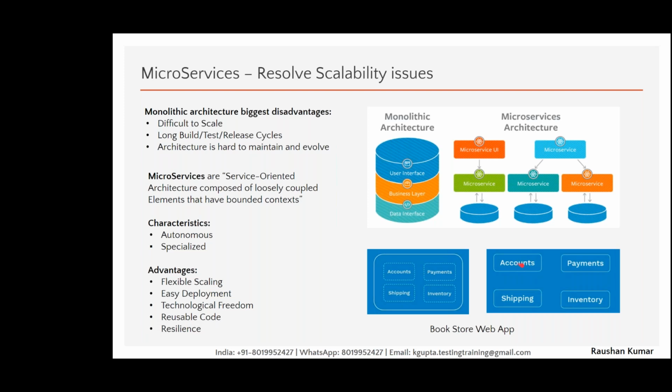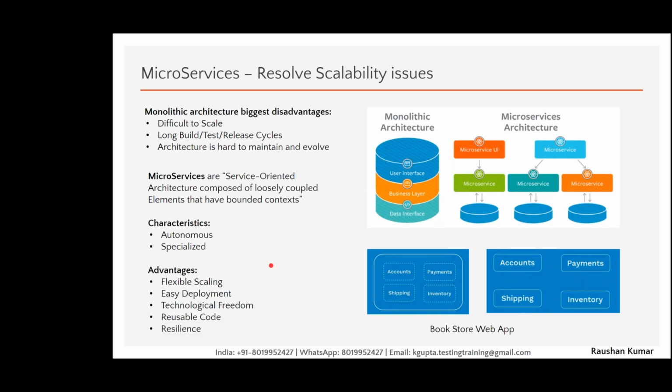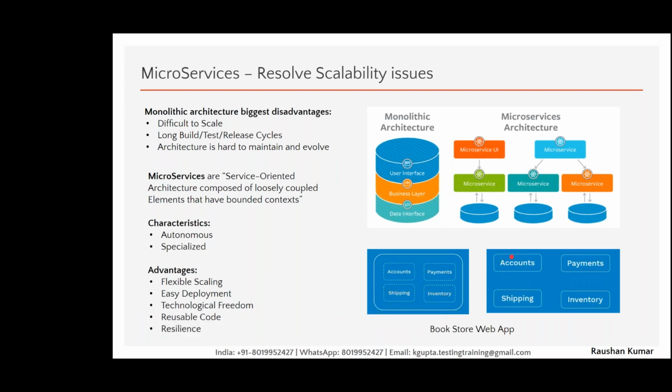I want to make my microservices independent of my other microservices, so that if one goes down, it will not impact the other. And in the course of doing that, I get a highly resilient environment. So that's the last advantage and the most important of it. Even if one of the microservices goes down, it will not impact my overall functionality.